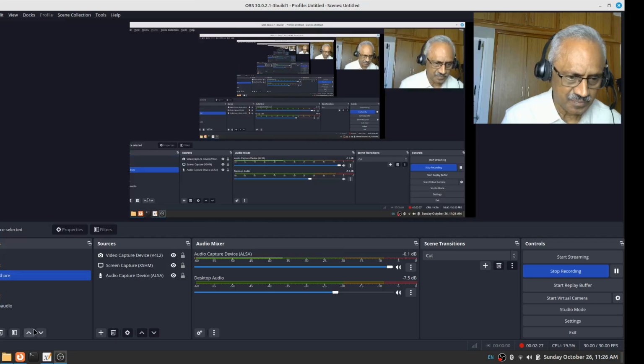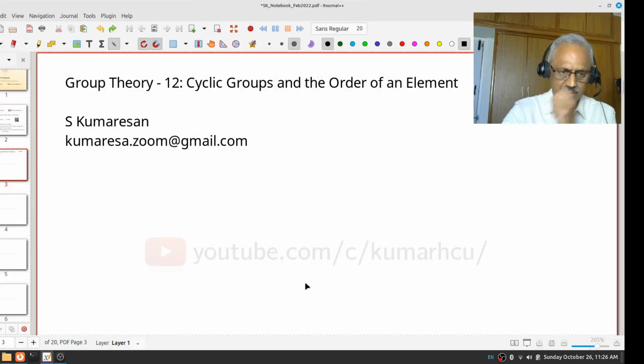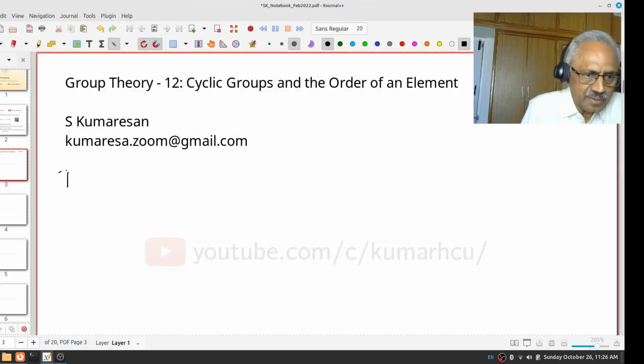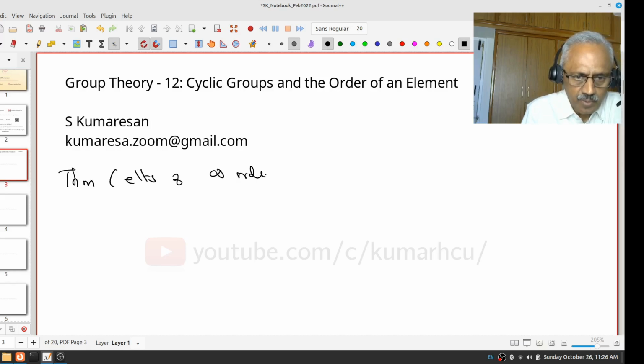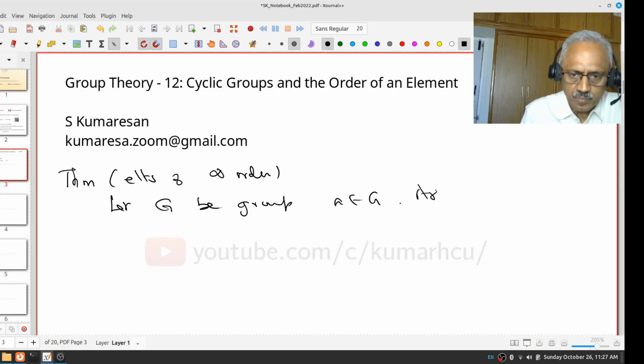So let us quickly state it and go ahead. Let me call it a theorem for elements of infinite order. Let G be a group, a in G. Assume the order of a is infinite.